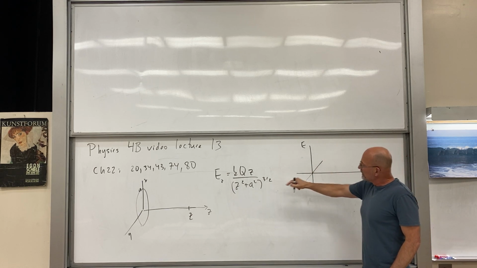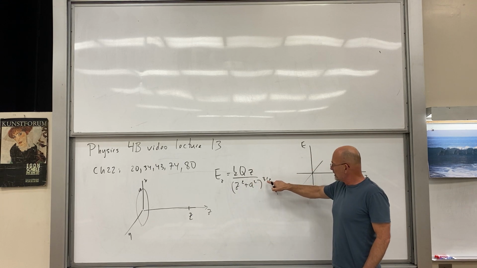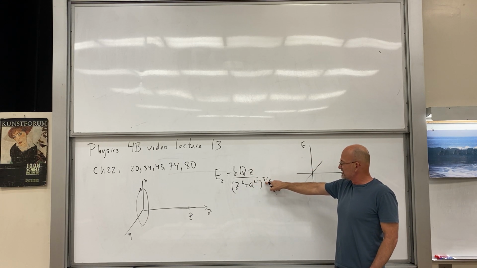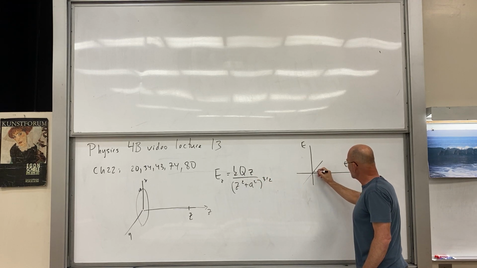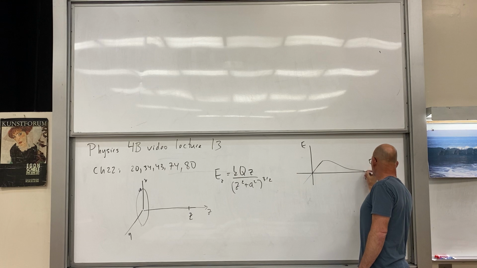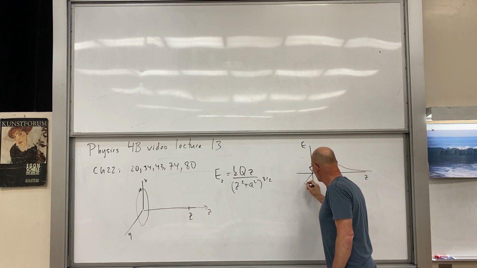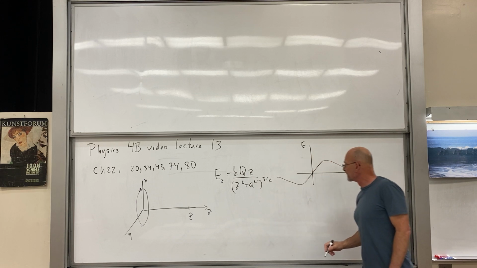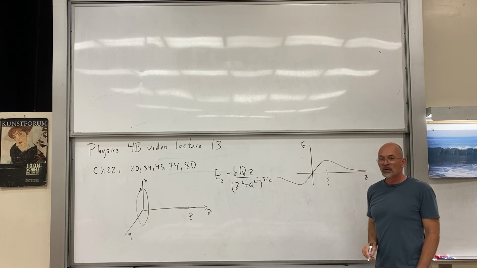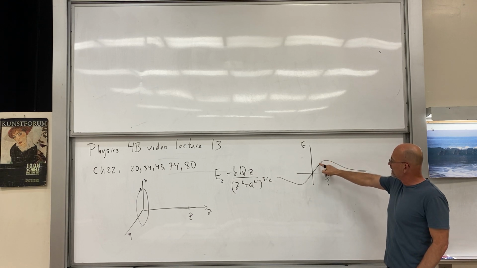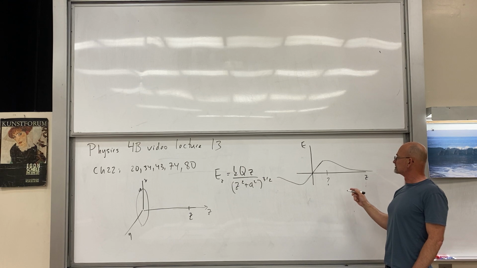It's going to reach a maximum because eventually z squared to the 3/2, which is z cubed, is going to win out, and you end up with the 1 over z squared behavior far out there. And this is going to be inverted like that. So we're looking for this point right here, and apparently it'll be symmetric or anti-symmetric.